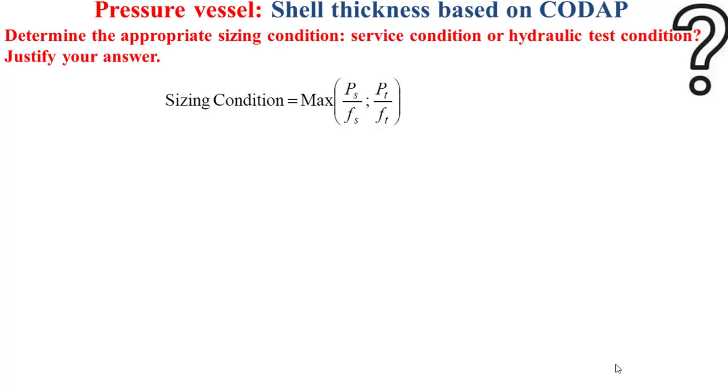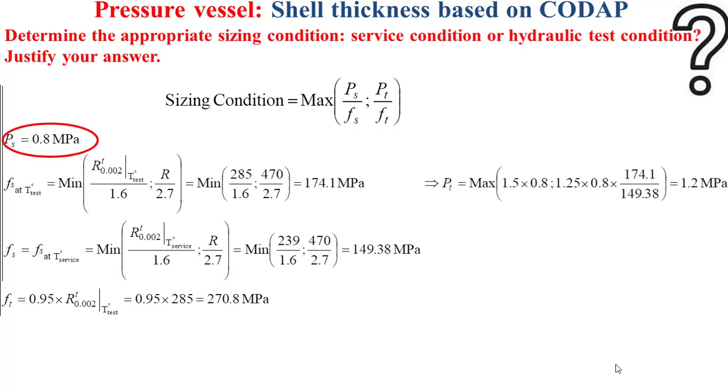Now we will numerically apply the sizing condition, so we have to determine PS divided by Fs and PT divided by Ft. PS, which is the service pressure, will be equal to 0.8 megapascal, as I stated in the previous educational video. And we have Fs, which is the maximum allowable stress associated to the service, equal to Fs at the temperature of the service. We determine its value as 149.38 megapascal.